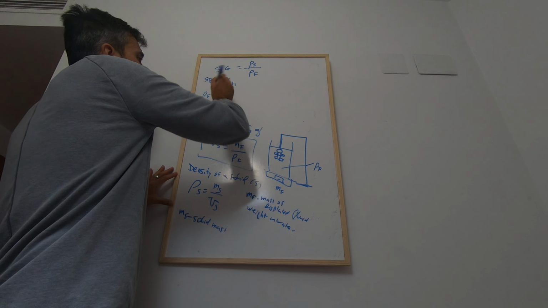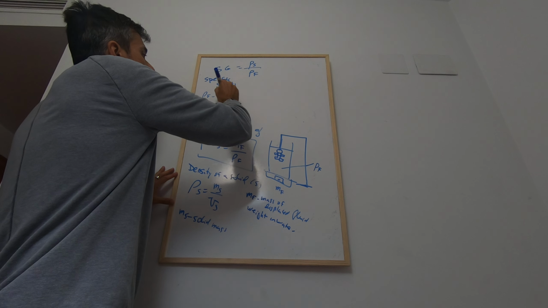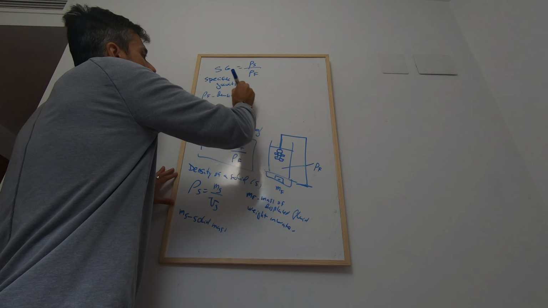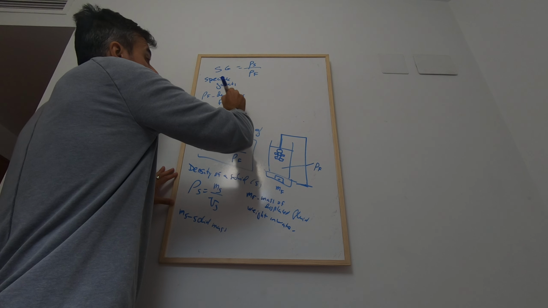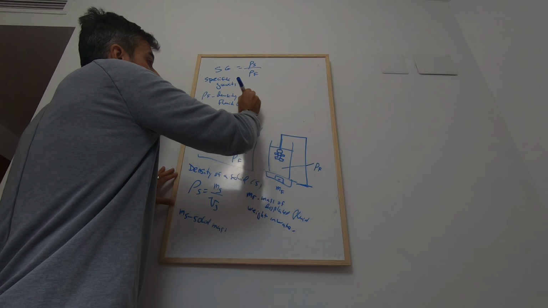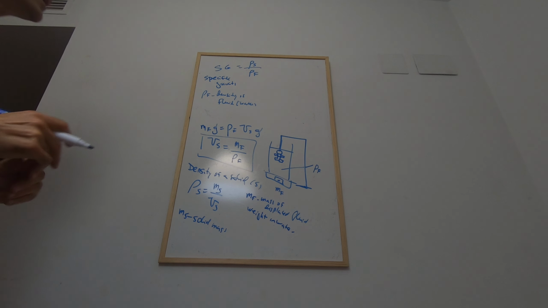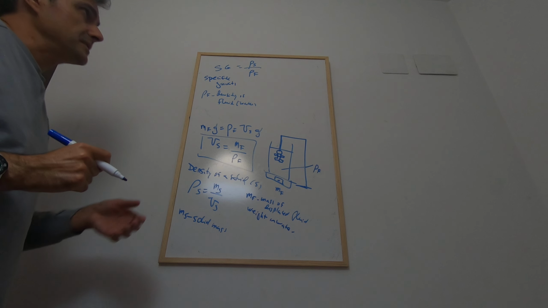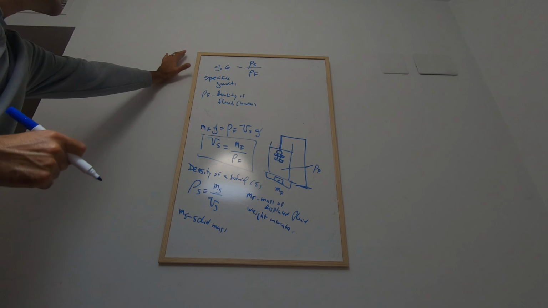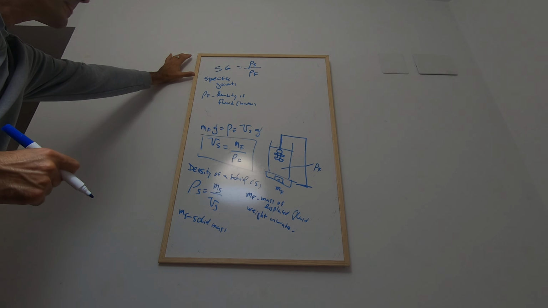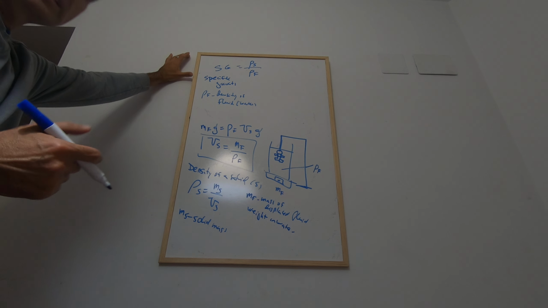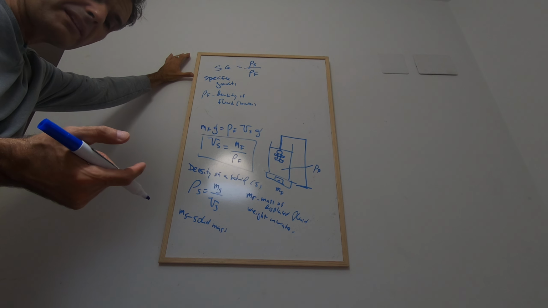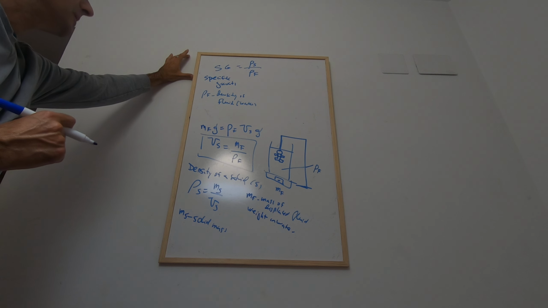The density of the fluid is going to be the density of water. Okay? Density of fluid, which is water. Specific gravity. Why do we do this? Because with that we avoid getting an absolute value of density, which is not really of interest. Okay. So, we can use it with any fluid. You don't need pure water.